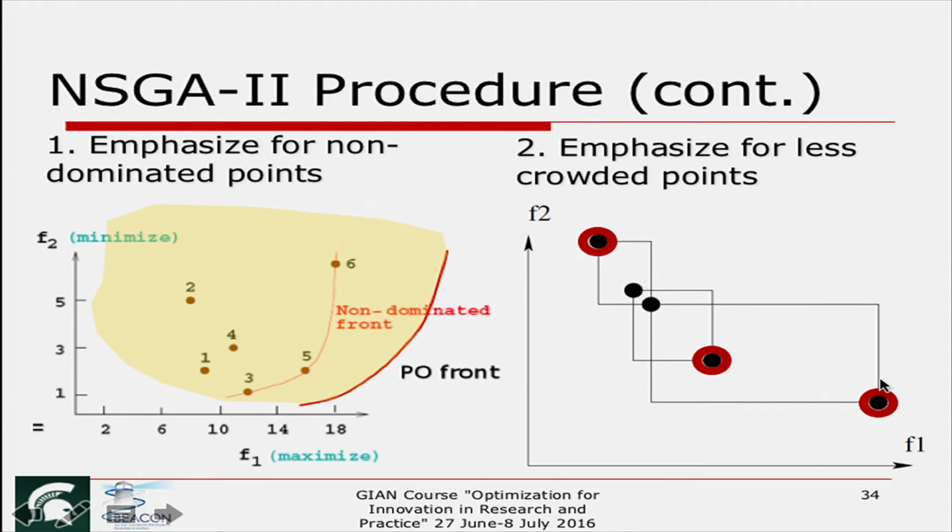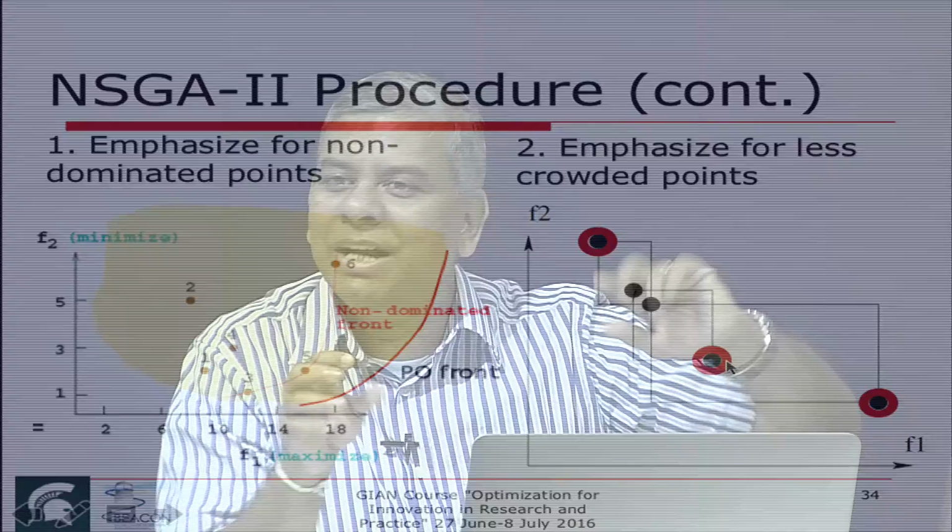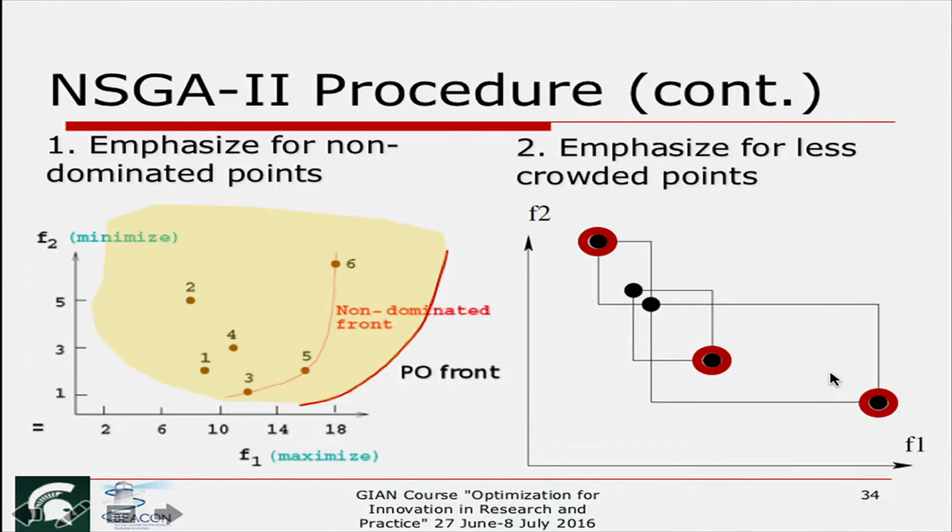Then which will be the next one? This one. Then the next one will be that one. And then this one. So this gives us an idea of the crowding, right? And then what we do is go from the top of the list and choose as many as I want, as many slots are available. So as I said, if there are 5 members, 3 slots that are available, I'm going to pick 3 from the top. So this takes this, and that one.